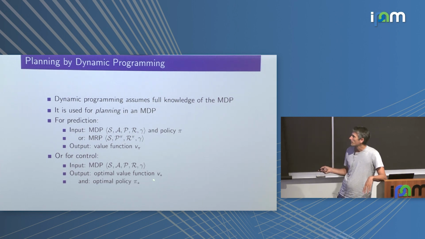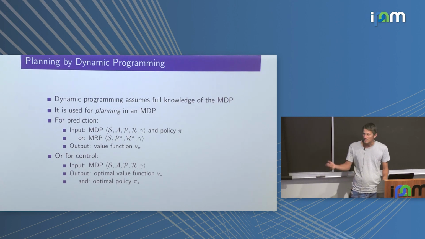Or you can solve the Markov decision process, which means finding the optimal policy. So these are the two things that you might want to do. Either predict, so given that I know the model, I will just predict what's the value here and what's the value there, or find the optimal policy, which is solving the problem. For instance, in the case of playing Go, the idea was to find the optimal policy. What's the optimal game strategy there?